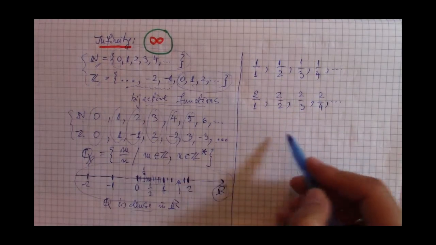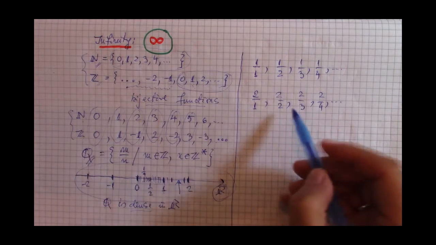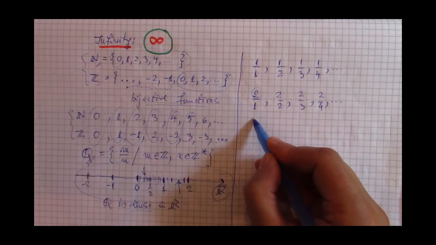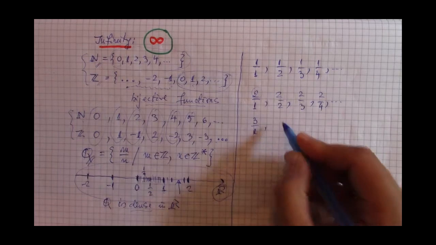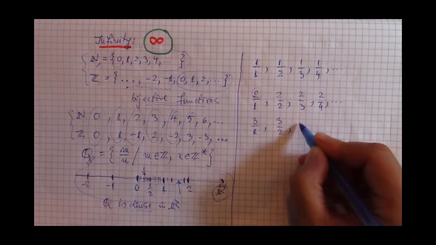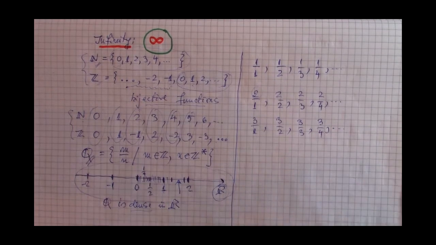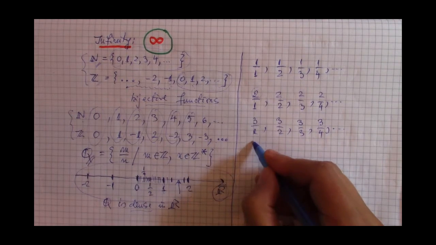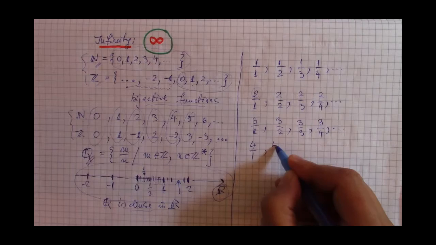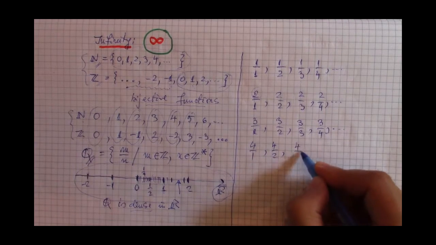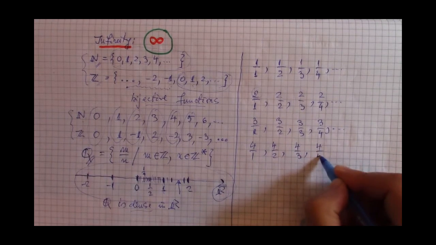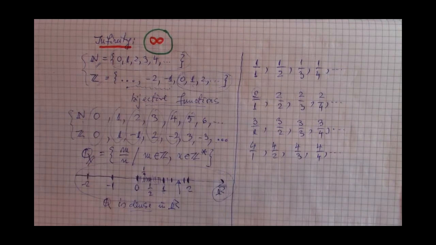Underneath, I'm going to write all the rational numbers with a numerator of 3: 3 over 1, 3 over 2, 3 over 3, 3 over 4, and so on. And we can keep doing so: 4 over 1, 4 over 2, 4 over 3, 4 over 4, and so on.